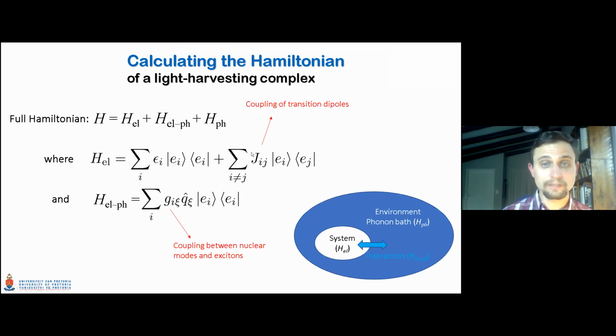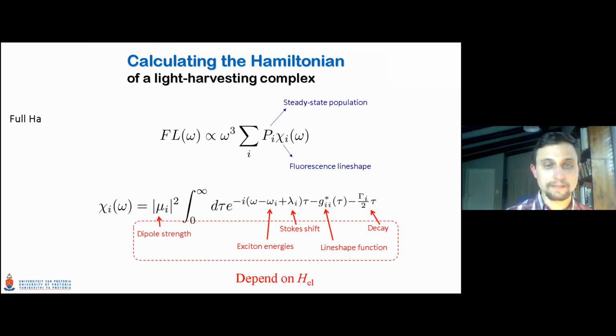And this is the coupling term between the transition dipole moments. You also have the Hamiltonian describing the electron-phonon coupling, so the coupling between your system and the environment. And for that, you need this coupling term between the nuclear modes and the excitons. So you can build up your full system like this.